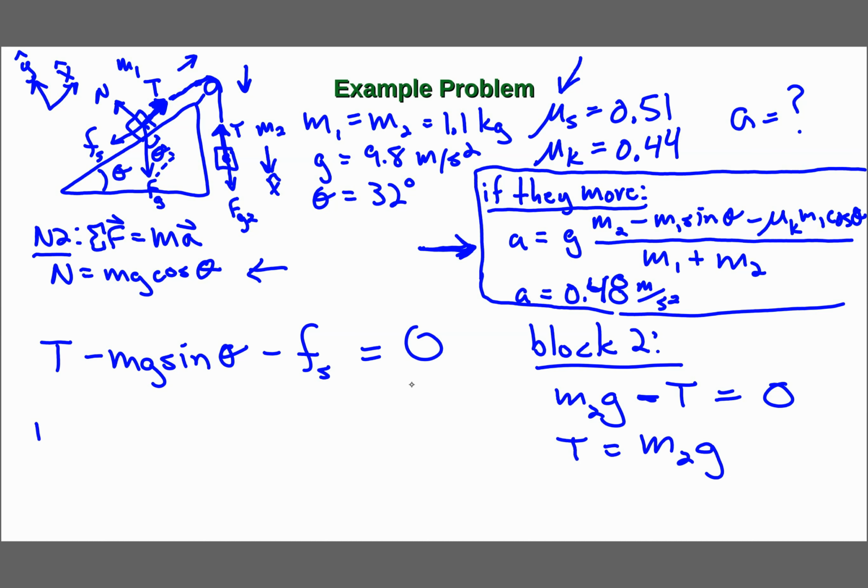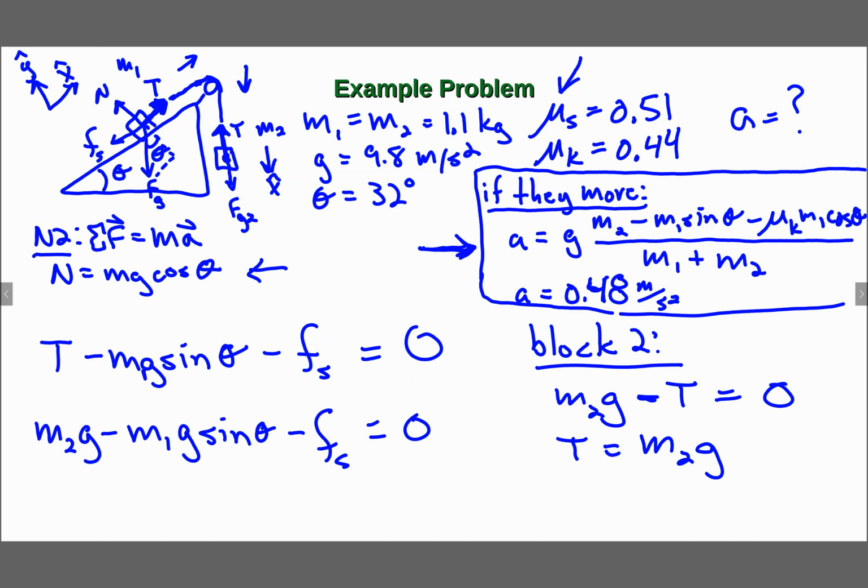So we put that in over here. Oh, I should have had an m1 on here, huh? Minus m1 g sine theta minus Fs equals 0.